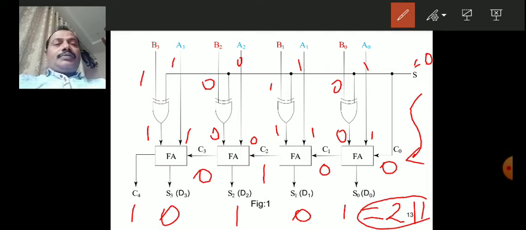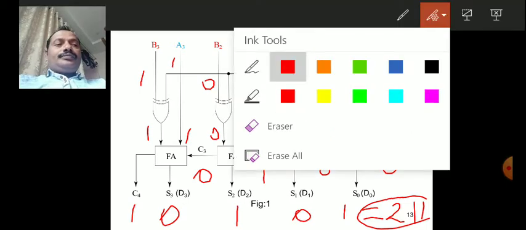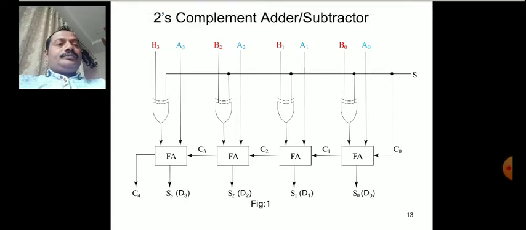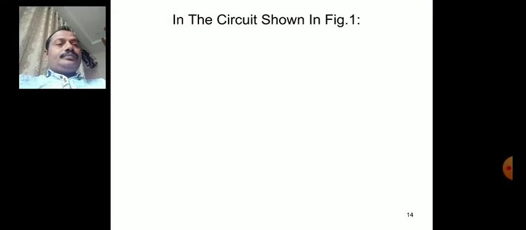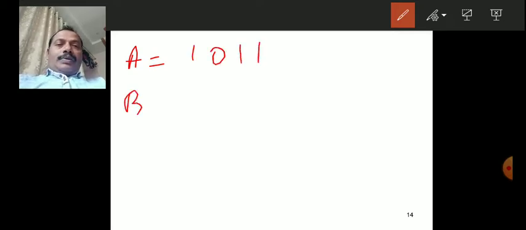For the subtraction, what do we get? Number A is 1011. Number B is 1010.